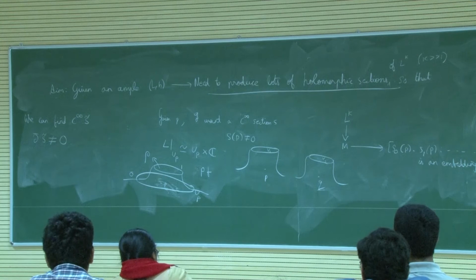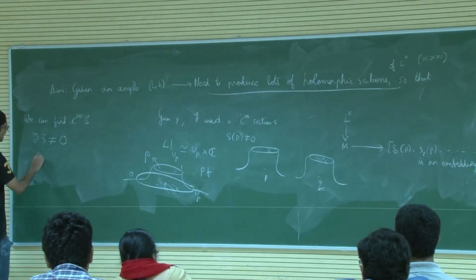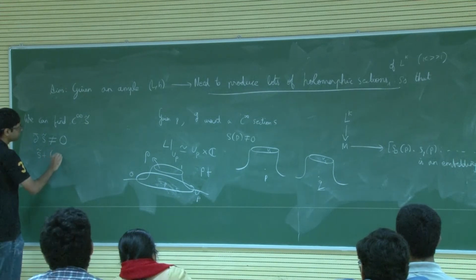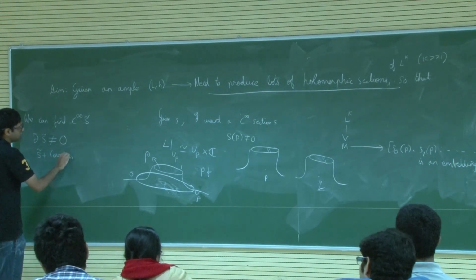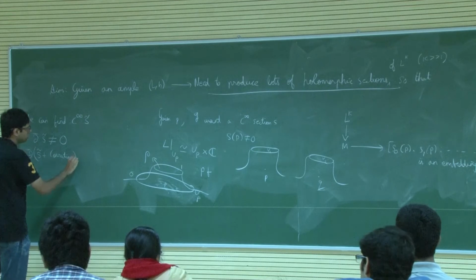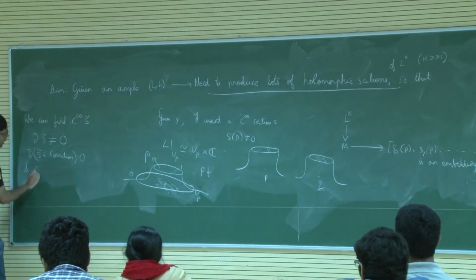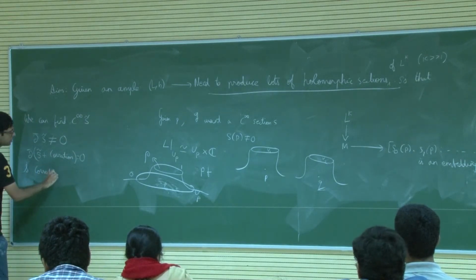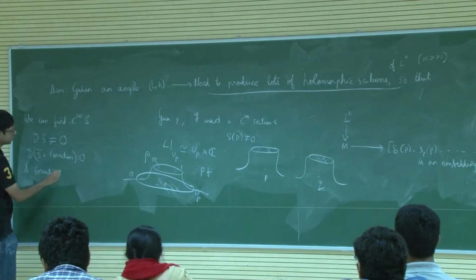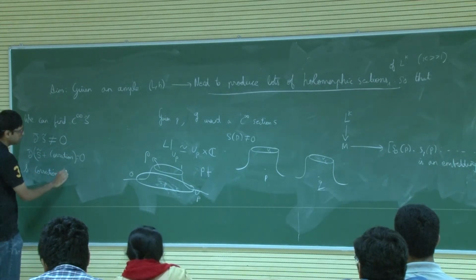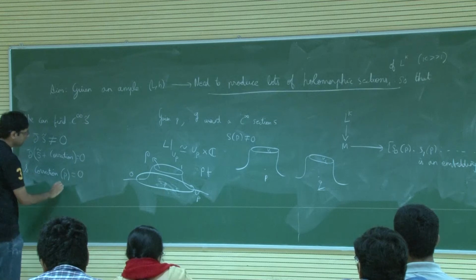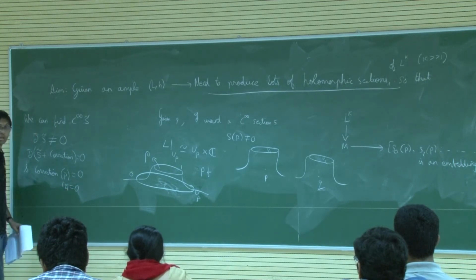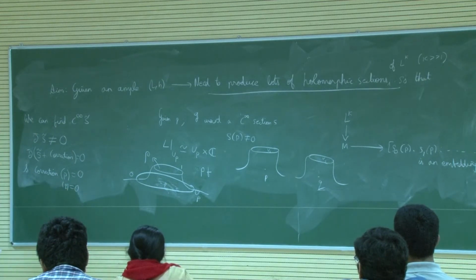So how do you correct them to make them holomorphic? What we want to do is to add a correction term so that this is 0, and the correction term should not screw up the other things. Like the correction term at P should be 0, at Q it should be 0, for example, if I give you 2 points, right?